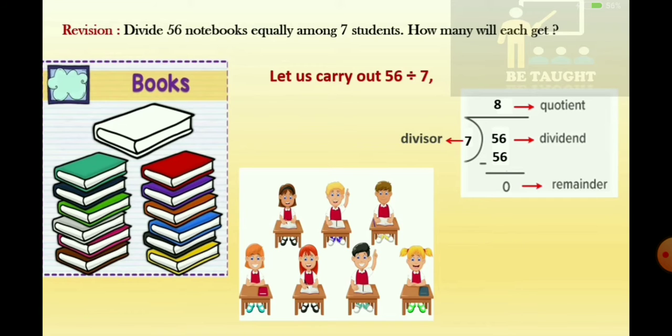After you get the answer, you have to subtract. So 56 minus 56 you have 0. So 8 is the answer of your question, and 0 is the remainder.